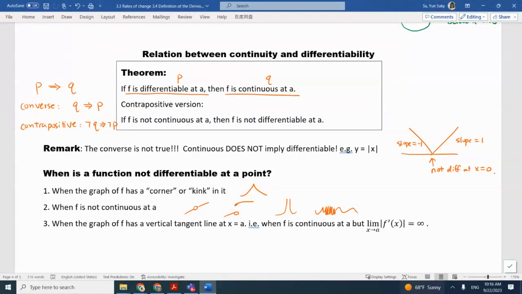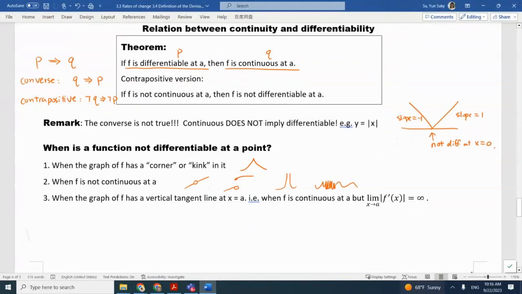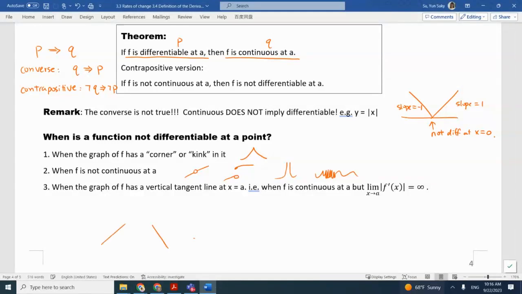The third type is when the graph has a vertical tangent line. Do you remember for the line, we have this? Yes, everybody? This m is positive, this m is negative, this m is 0, this m is undefined.